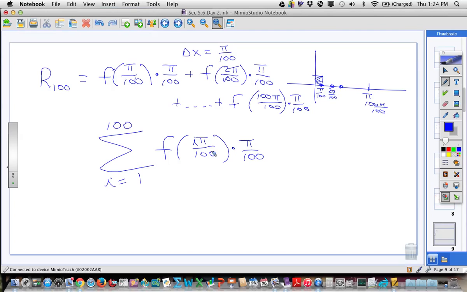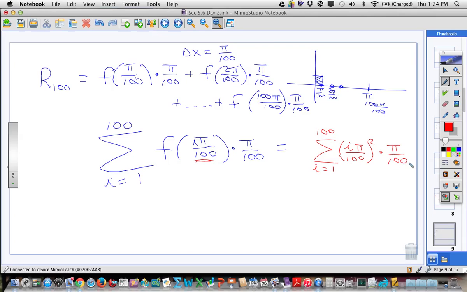So that's nice. And then the last step here is to get it out of F notation. So we take our i pi over 100, plug it into the function, which was x squared. So this is what we're going to type into our calculator. So we have i equals 1 to 100, i pi over 100 squared times pi over 100.